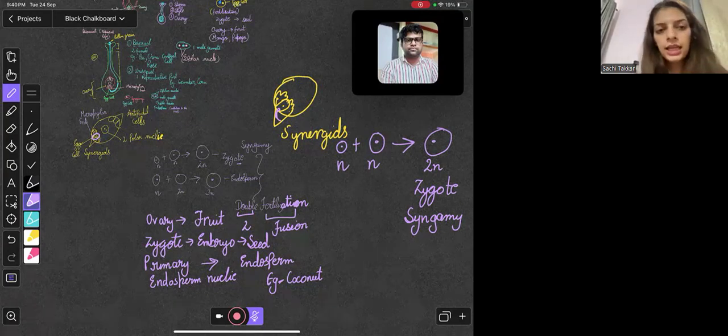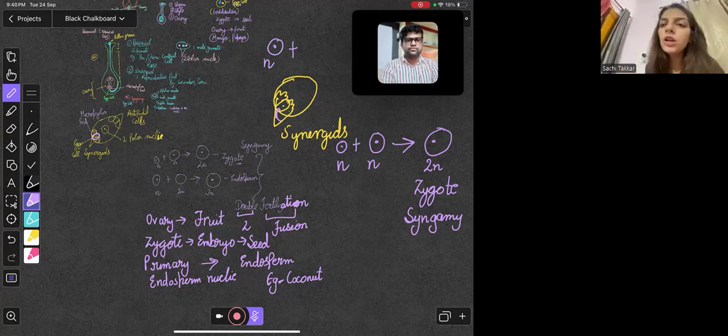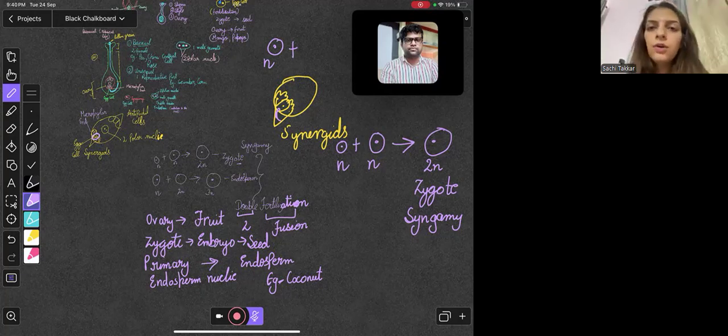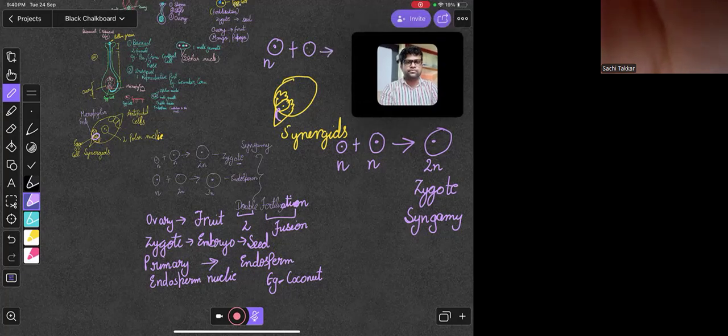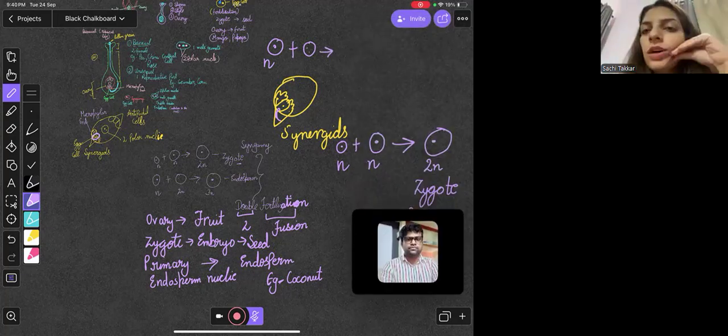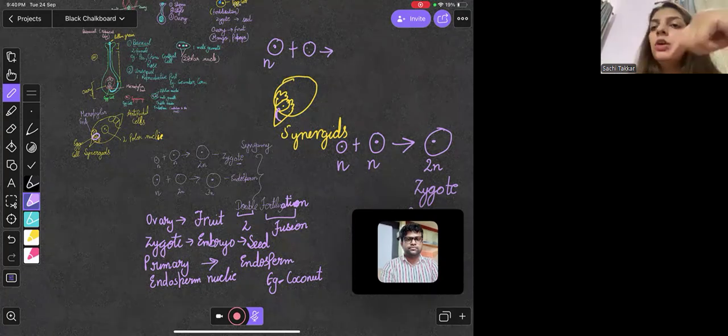Then another male gamete, because there were two male gametes, right? This one fuses with the two polar nuclei, which are present at the center of the ovary. These two nuclei are in one single cell because they share the same cytoplasm.